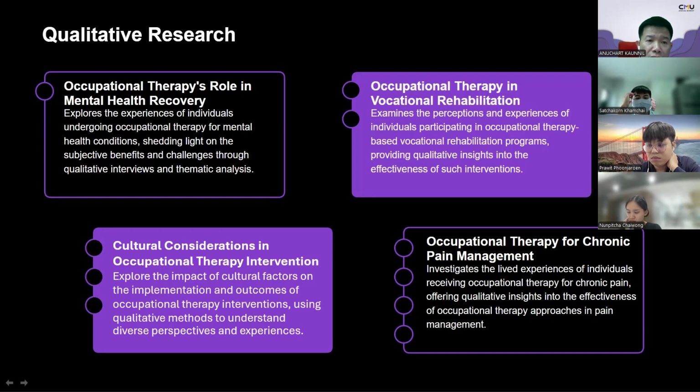Okay. Some qualitative studies focus on cultural considerations that need to be taken into account in OT intervention as well. They explore whether cultural factors are influential or not in the implementation and outcome of OT intervention. They use qualitative methods to understand perspective and experience.